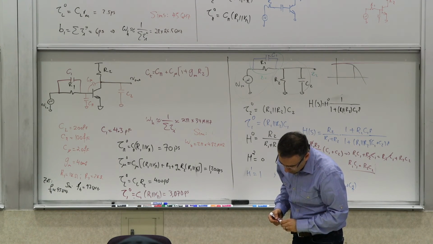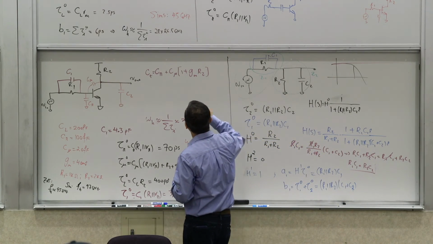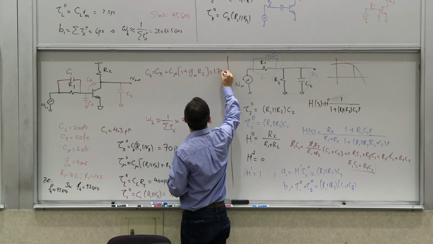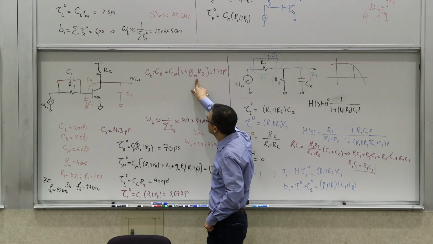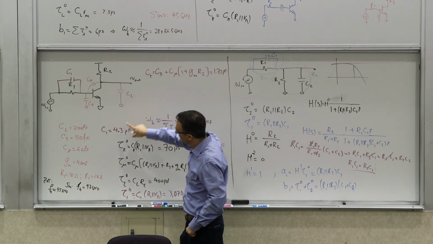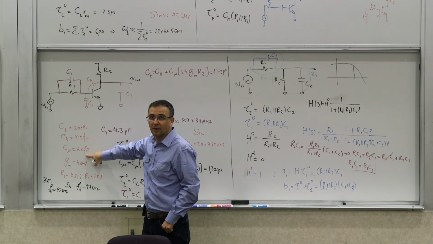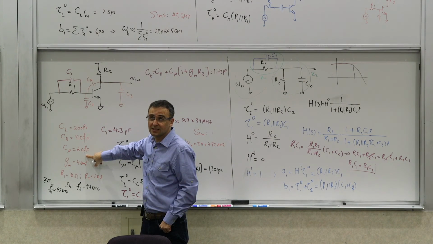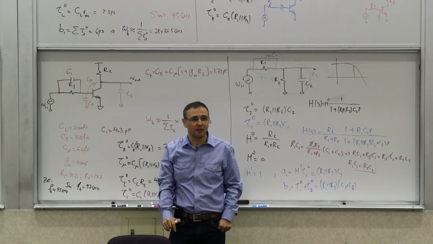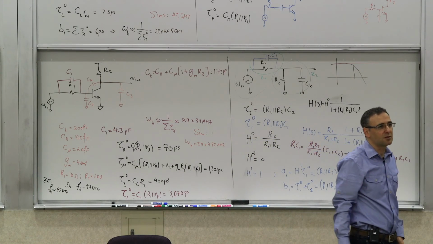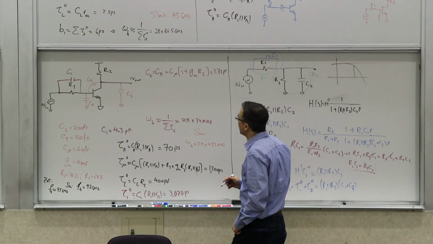So the Miller capacitance is 1.72 picofarads. We can calculate: this is 80, this was 1, so it's 81 times 20 femto, sorry, so it's 80 times 20, like 1.6 picofarads. And then there's another 100 femtofarads, so that becomes 1.72 picofarads. So that's CT.